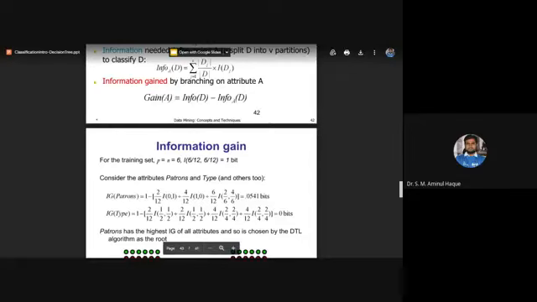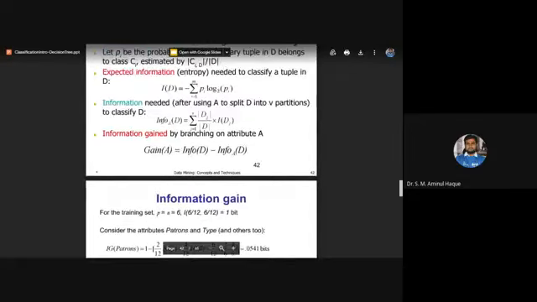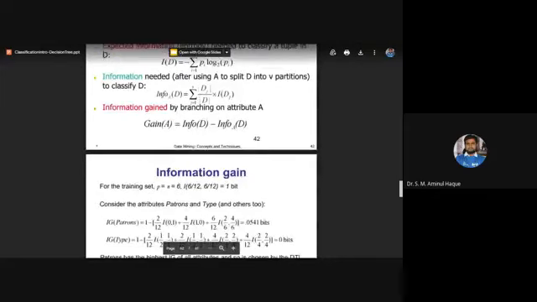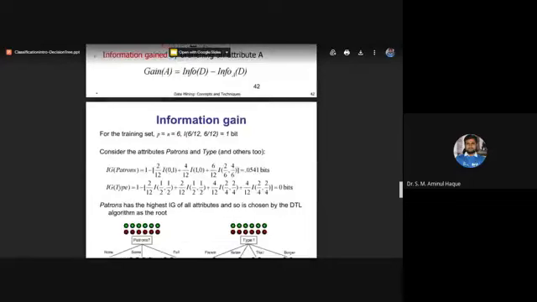So do you understand this calculation? It's basically from this formula. There is nothing else. If you just follow this formula, you'll get these values and these results. So the information gain for patrons, we are getting 0.05, and for the type attribute, we are getting 0.